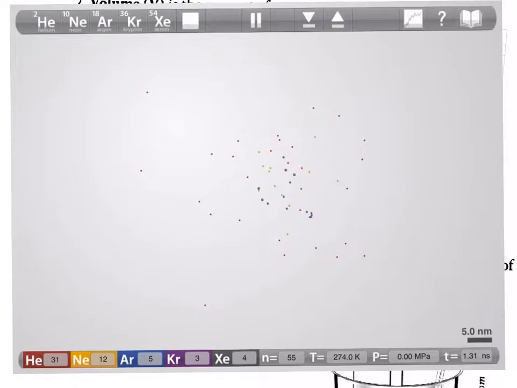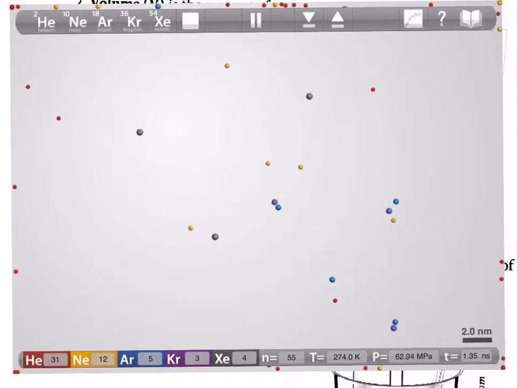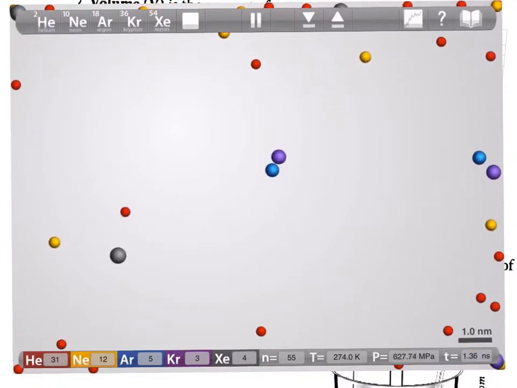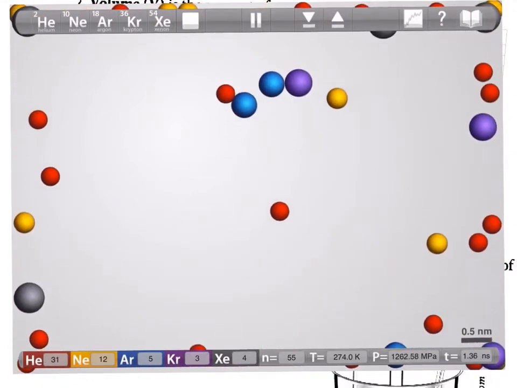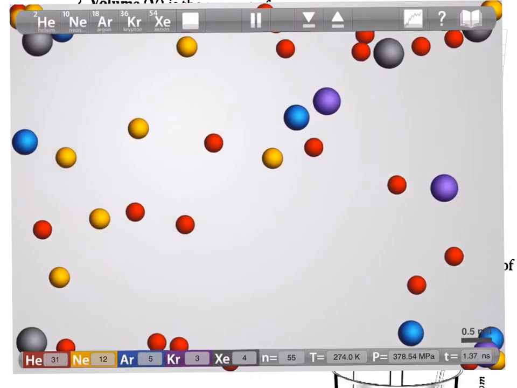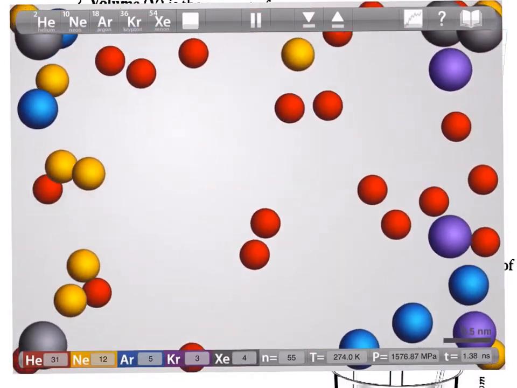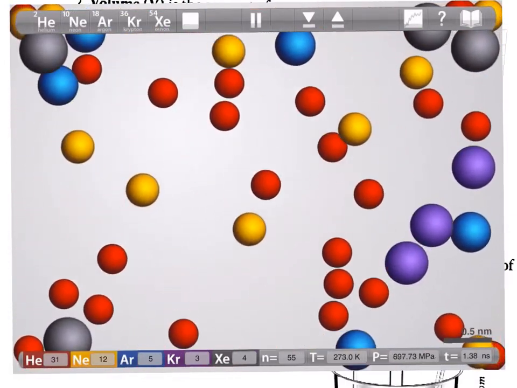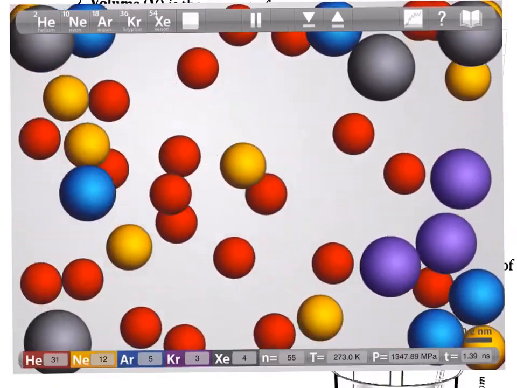If we make it a large container, the gases have more volume, and that volume measurement would be the size of the container that we're putting that gas in. So gases will fill the size of their container, they just spread out. If we make the container smaller, the gases of course will contain a smaller volume. So when we measure volume, we're really measuring the container that we put the gas into.